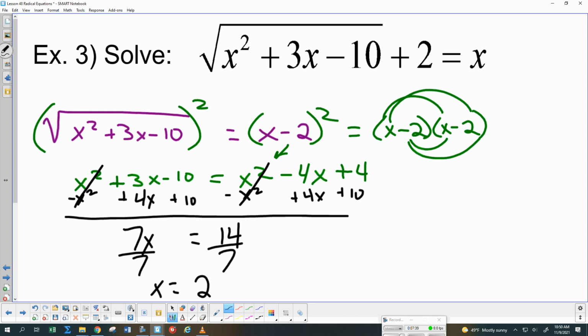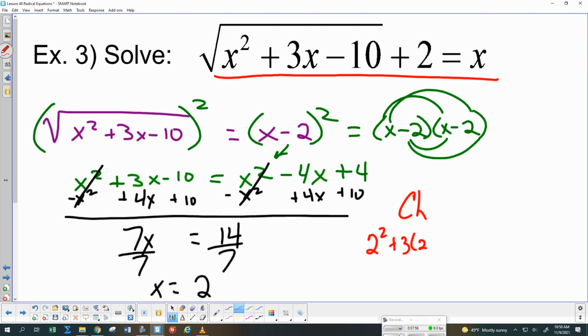All's good? What do I need to do, Hendricks? We've got to check it still. And we don't check it with something I wrote down. We go back to the very original up here. So I am going to say 2 squared plus 3 times 2 minus 10, and take the square root of that, plus 2, and see if I get 2.